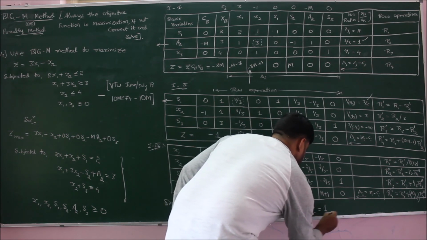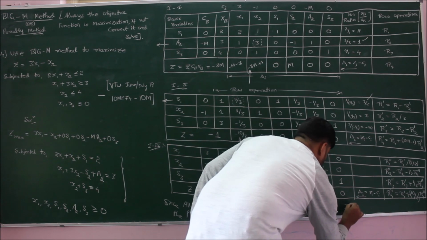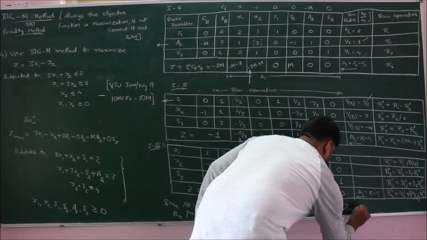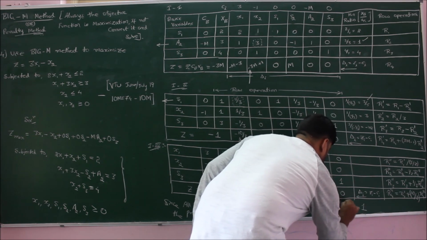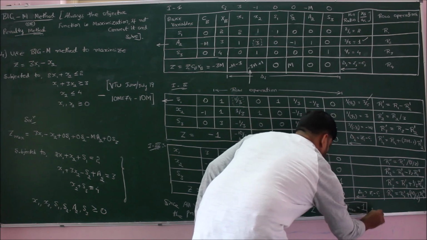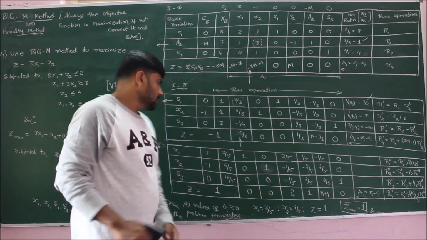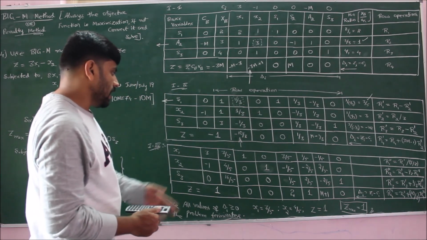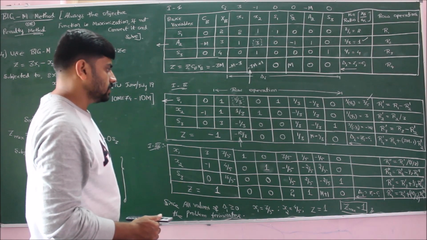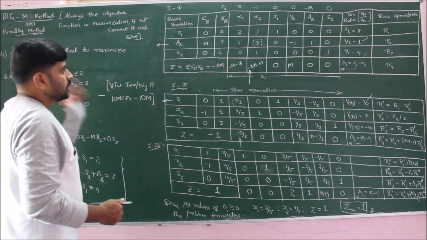So therefore that is z max. So the final answer is x1 is 3 by 5, x2 is 4 by 5 and z max is unity. So this completes the given problem.